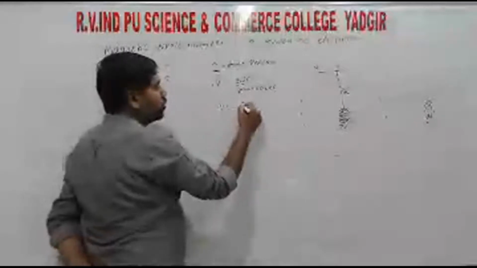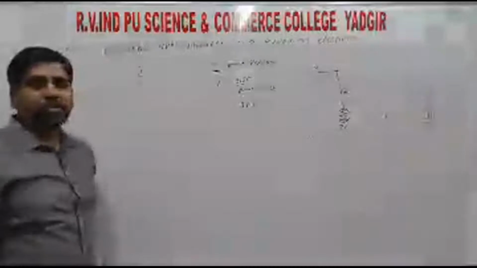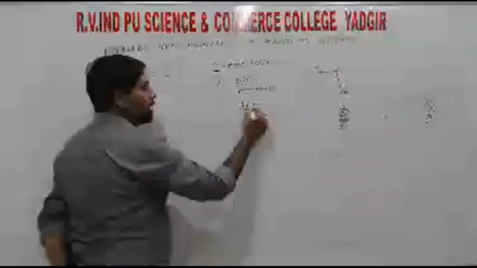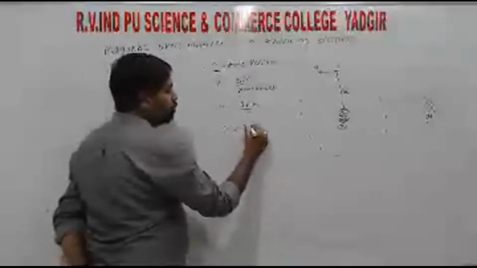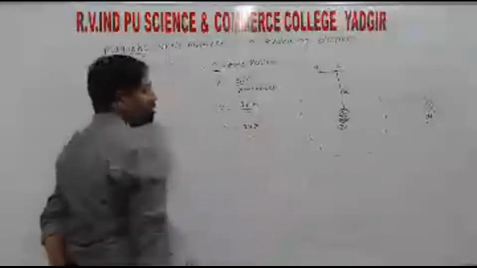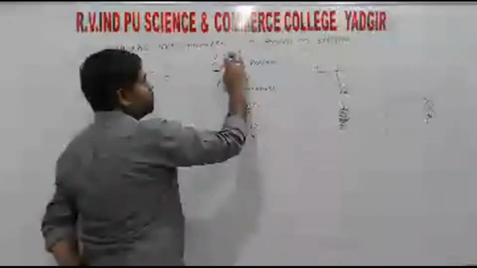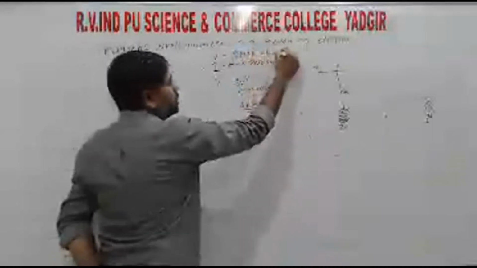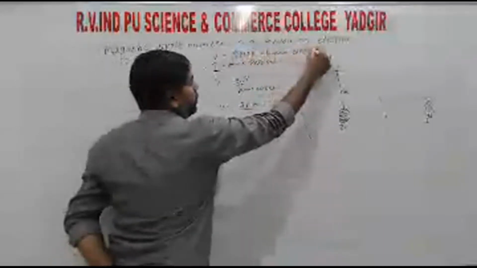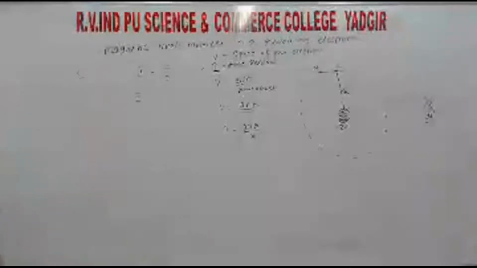So v is equal to 2 pi r, where r is the radius, 2 pi r being the circumference, divided by the time taken T. From this we can write T is equal to 2 pi r divided by v, where v is the speed of the electron, right? Now substitute in I.